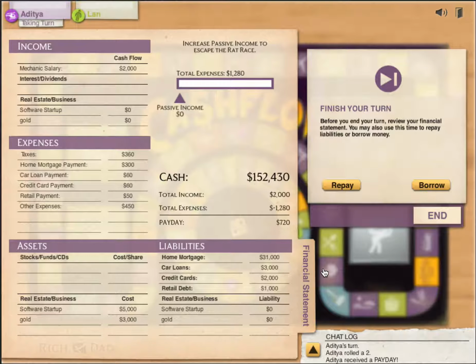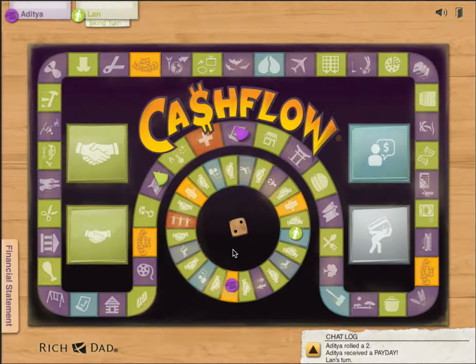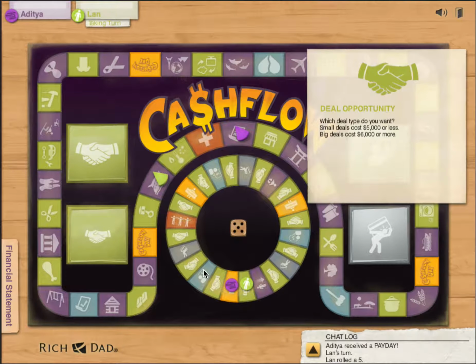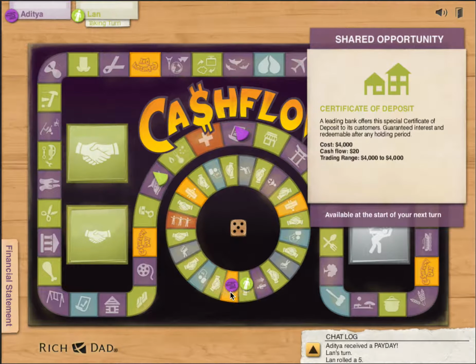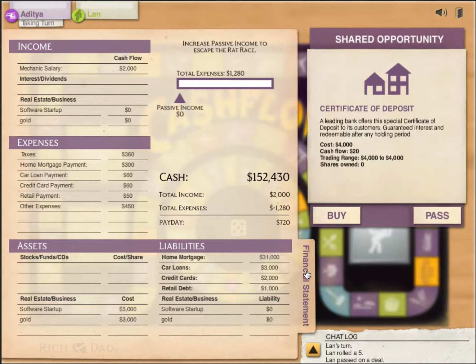We get our $720 paycheck still. People might wonder why we still have a job if we have so much cash, but we do. And it's usually a good thing anyway, because that 150,000 is really our gambling money, whereas the 720 is just a stable paycheck.